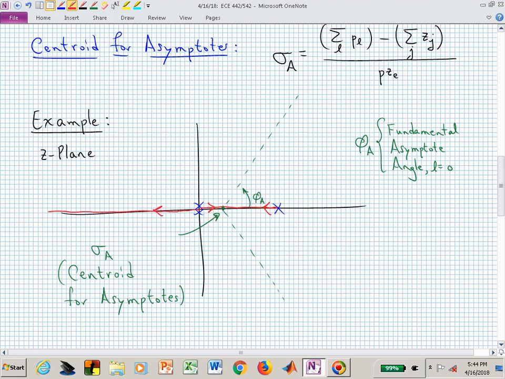Or you can find another one. So one of our asymptotes is at 60. The other one actually is going off to minus infinity. You can't see that dashed line, but it's going off at 180. And the other one is 300 degrees from the positive real axis.